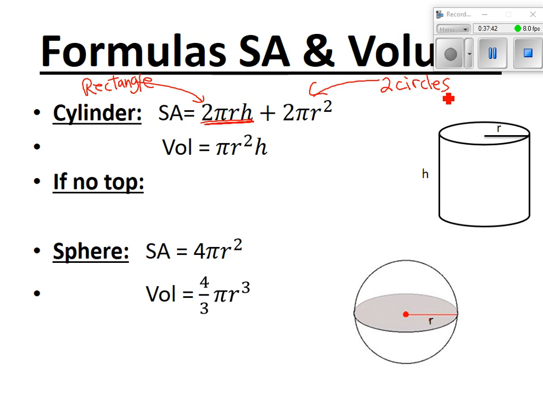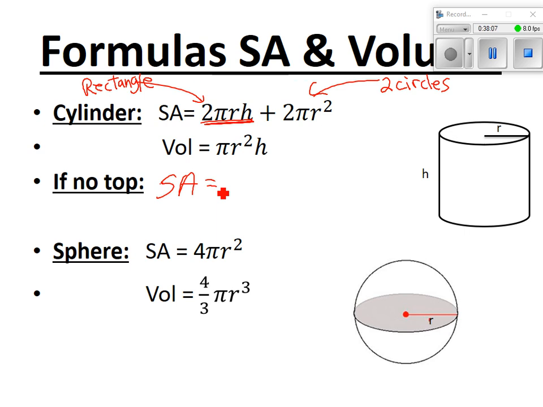A lot of times when we're dealing with cylinders, they don't have a what? Top. Alright? When we deal with cylinders a lot, they don't have a top because we want to be able to put stuff inside of them. A cup, a bucket, all that stuff. So with this, if we're doing surface area, Kellen's right.